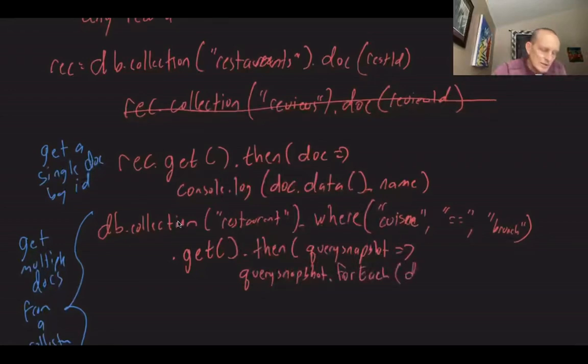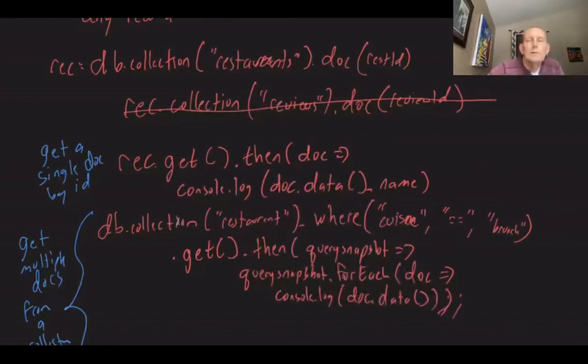And the iteration gives us documents. So now we've got another routine that will, let's say here, log to the console. And for the document, we can do document.data. So that will go ahead and retrieve a query snapshot.